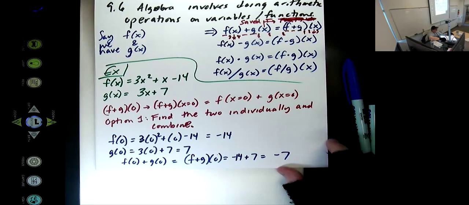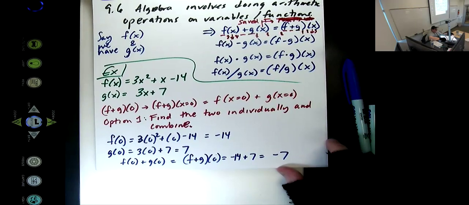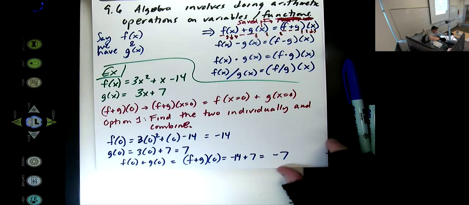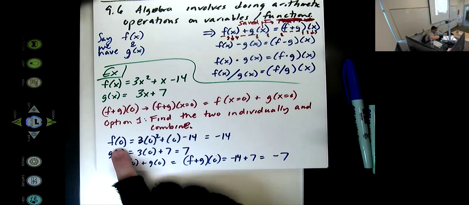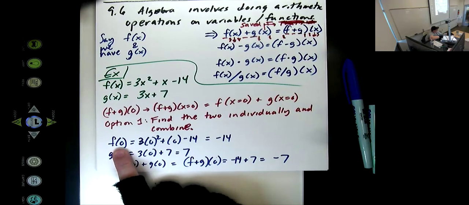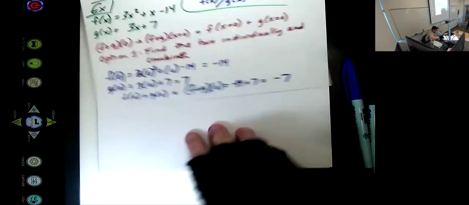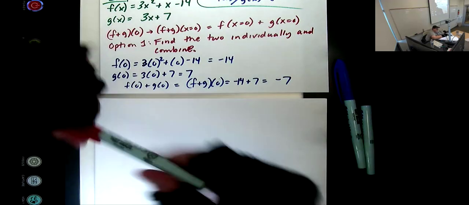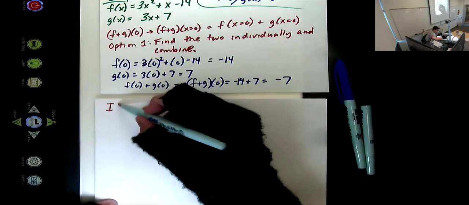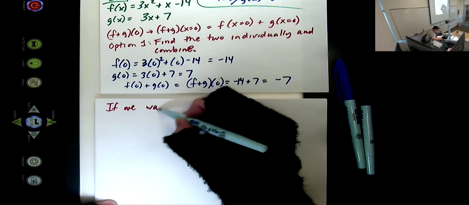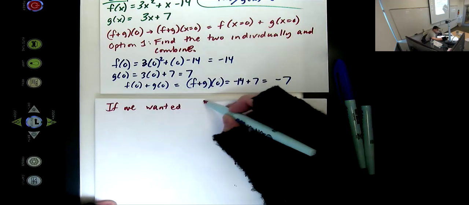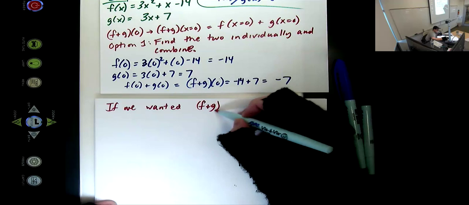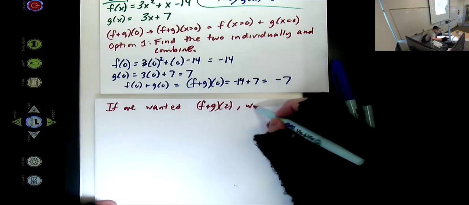Everyone with me? For every x, put in 0, because that's what it gave us. So if we wanted f plus g of 2, we'd have to do it all over again with 2.